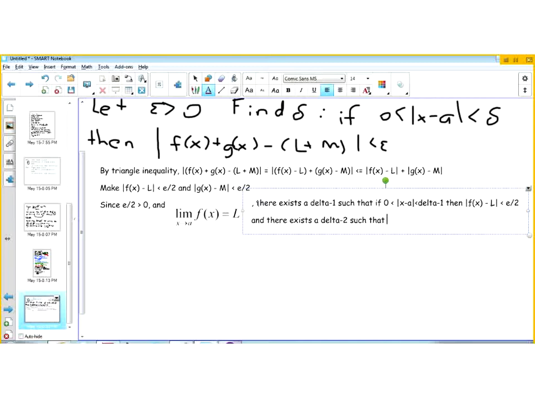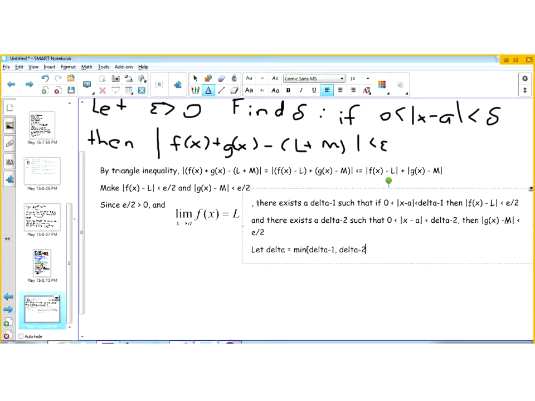And there exists a delta 2 such that if we're within a delta 2 distance from a, then we're within epsilon over 2 distance of M for g of x, that is. So we have that result.